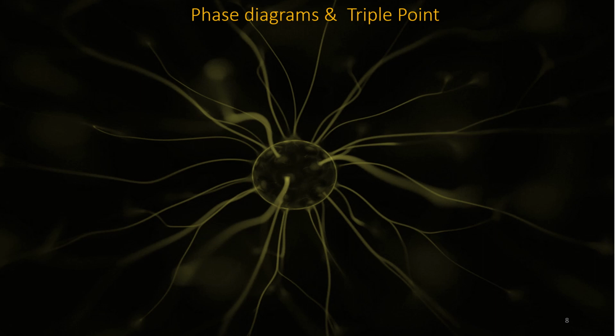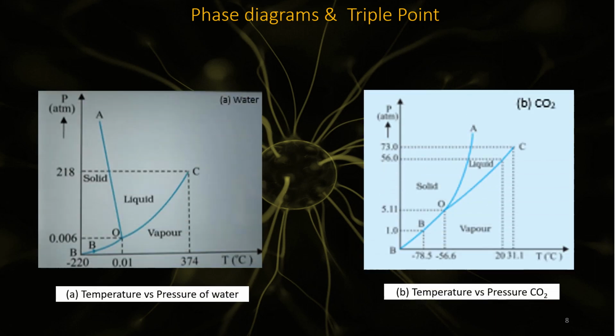These graphs in respect of water and carbon dioxide are shown on the screen as figure A and B. Consider the graph in respect of A. Here, the graph shows three regions: the solid region, the liquid region, and the vapor region, separated by the curves BO, AO, and OC. The curve BO is called the sublimation curve, the curve AO is called the fusion curve, and OC is called the vaporization curve.